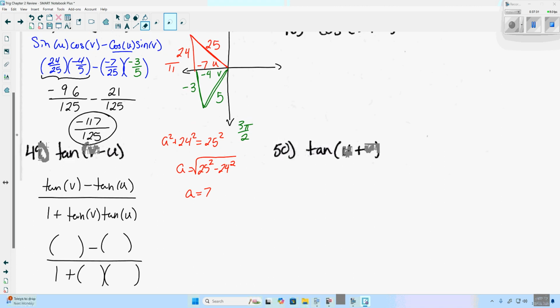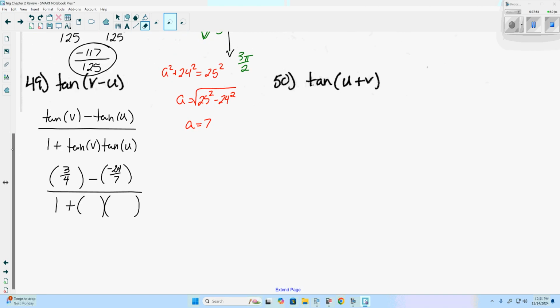Now, tangent of u. If we look up at u, it's opposite over the adjacent. So for u, it would be negative 24 over 7. V would be opposite, negative 3 over negative 4, which is just 3/4.